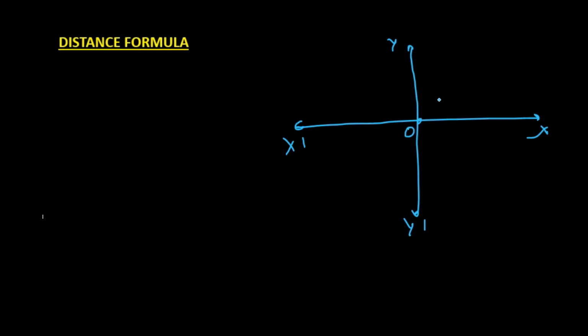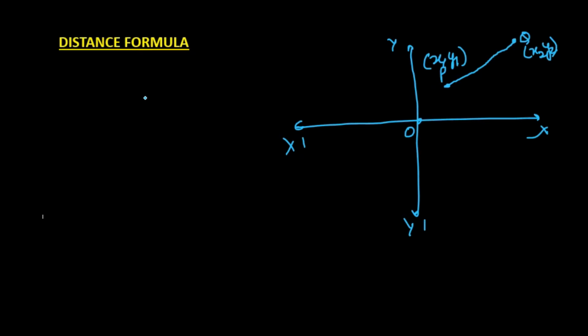We have, say, two points P and Q. The coordinates of P are, say, x1, y1, and the coordinates of Q are x2, y2. Fine, and we need to find the distance PQ, the distance between the points P and Q.